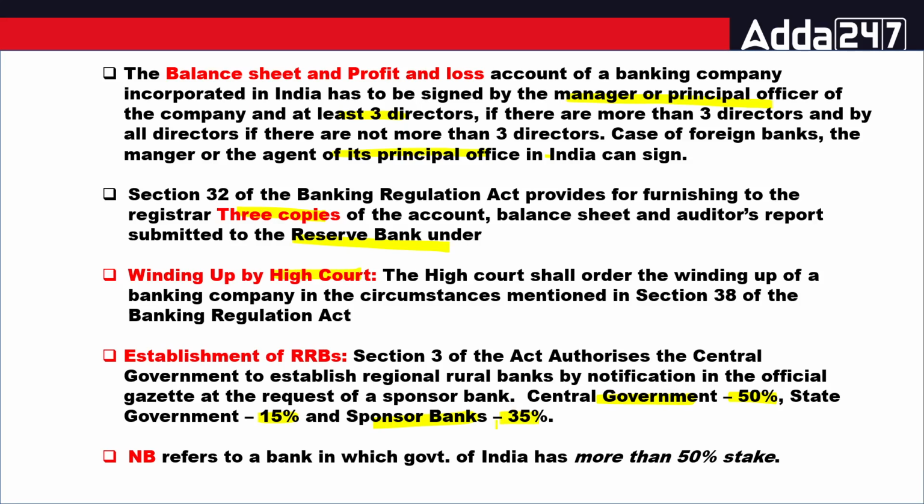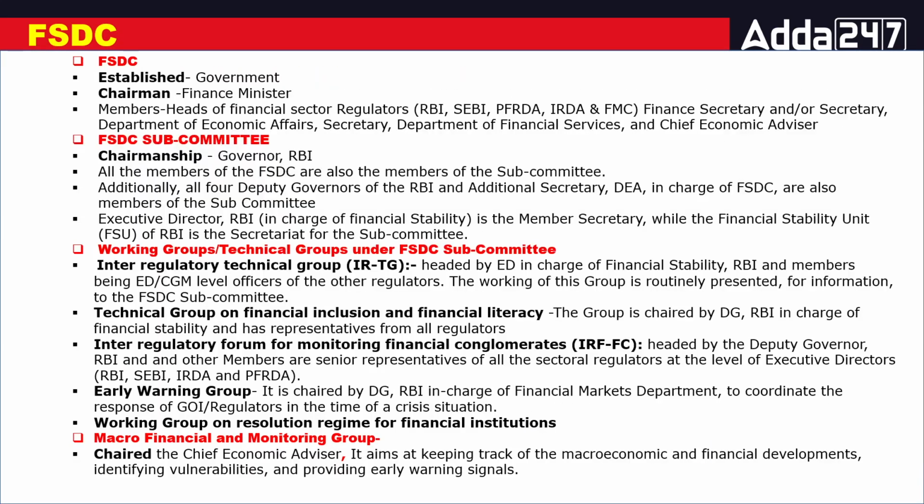Okay. NBFC, more than 50% stake is in the hand of government, it's a nationalized bank. FSDC is established by the government. Chairperson is the finance minister, and members are the heads of RBI, SEBI, PFRDA, IRDA, FMC. Subcommittee chairman is the governor, RBI.